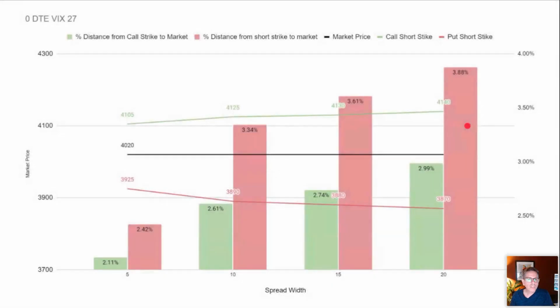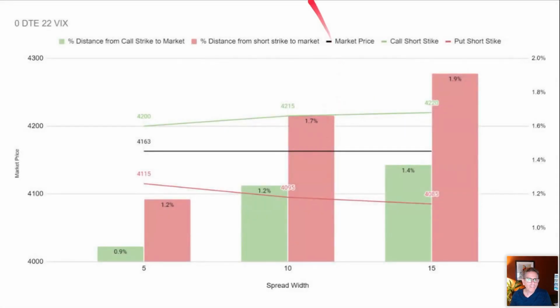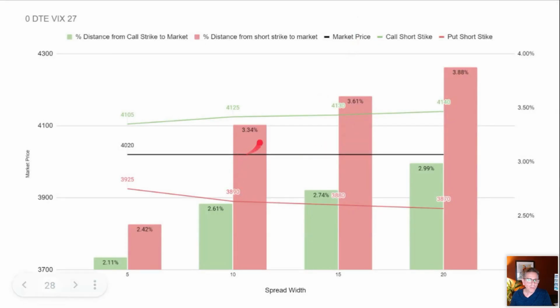Okay, so this is now a 27 VIX, which is not that far from 22, but you can see here that we went from 1.7 to 3.3, and it makes a big difference. It does make a big difference in the volatility.